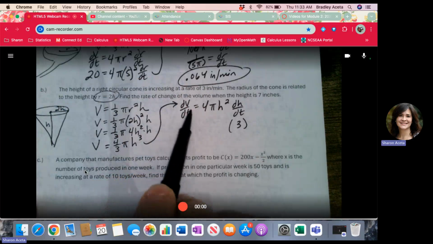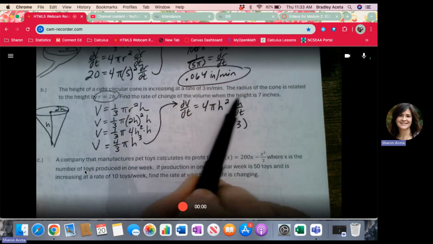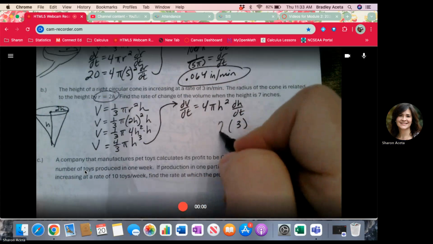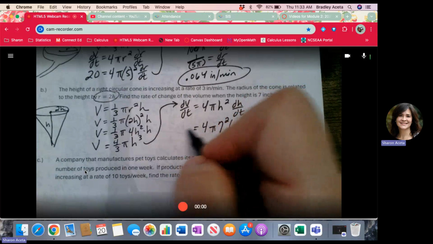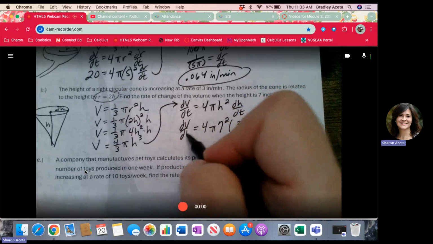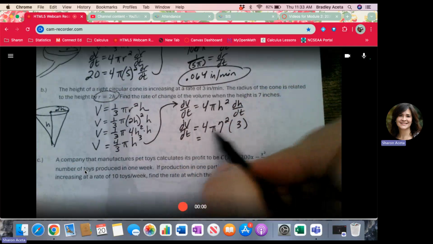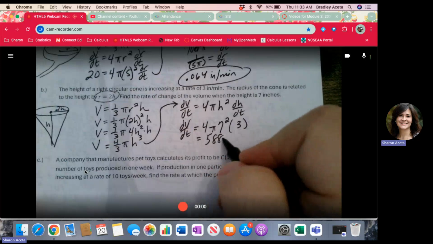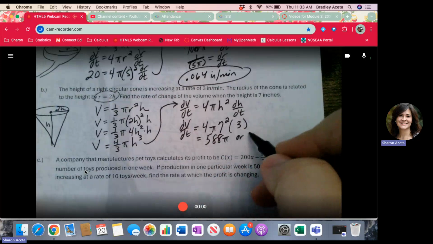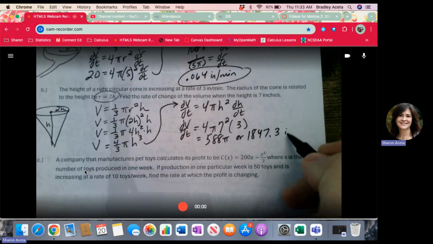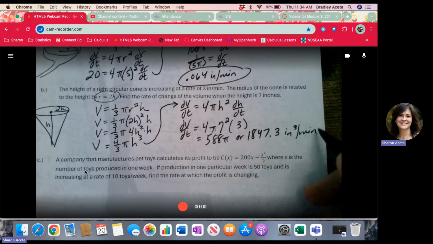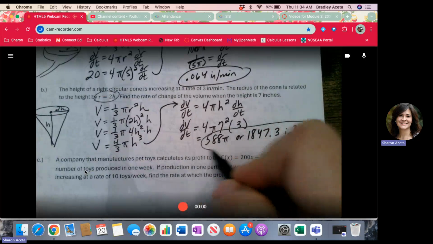That's dV dt, the derivative formula, when the height is 7. So put a 7 here. Pi and 4 stay the same. And so we're solving for dV dt. And this becomes 588 pi. Or again, if you put it in your calculator, 1,847.3 inches cubed a minute. I'll accept either.